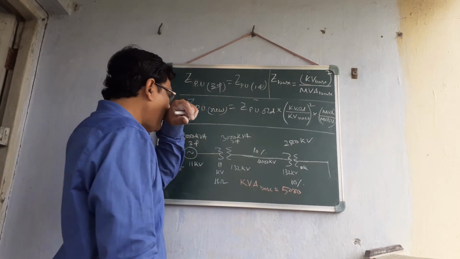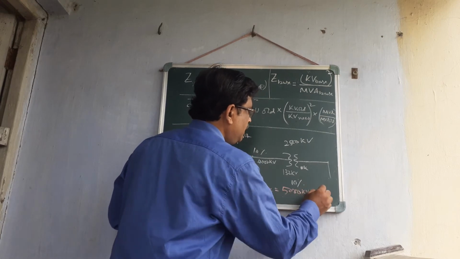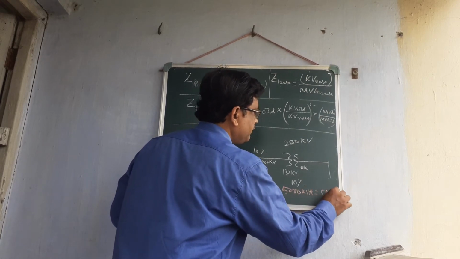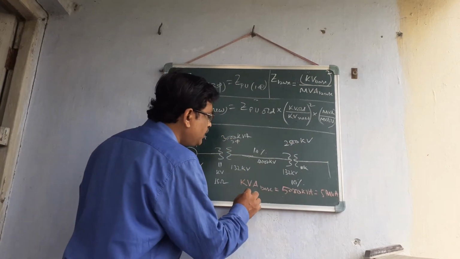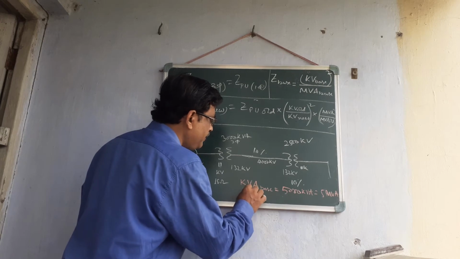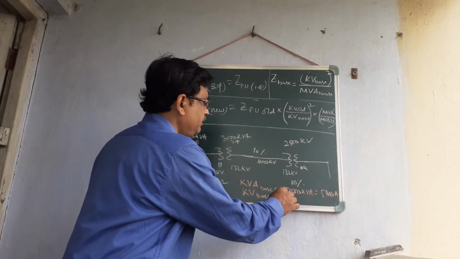5000 kVA, and it is equal to 5 MVA in MVA. And base voltage, what is that? kV base, we assume it is 11 kV.